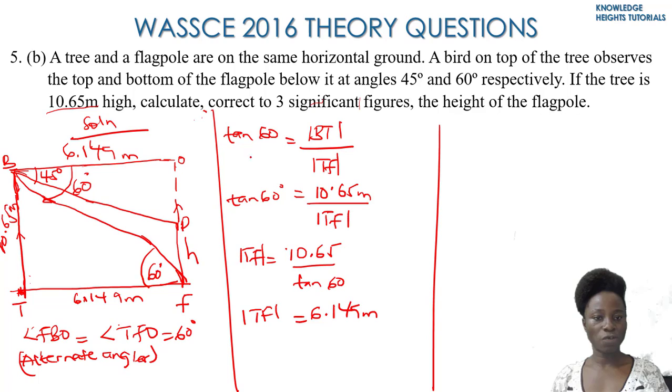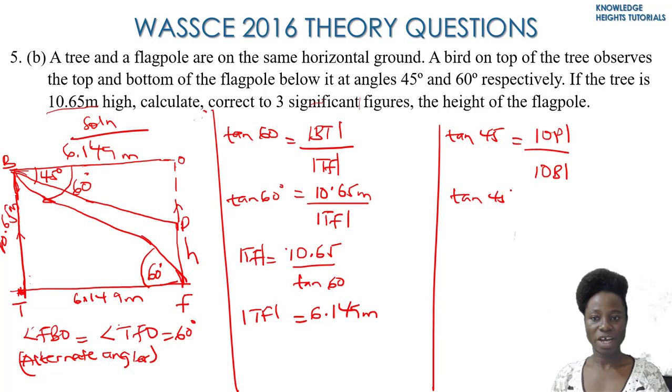So let's try to see if we can find line OP from this angle 45 degrees. What is opposite is line OP and then adjacent is 6.149. So it's still using tan, opposite over adjacent. Tan 45 is equal to the opposite, which is line OP, over line OB.